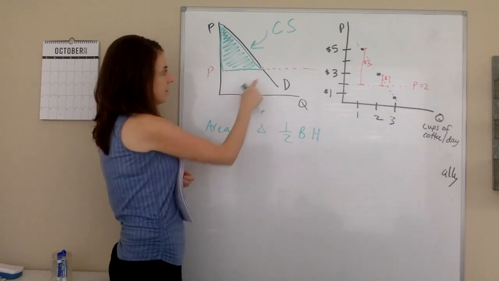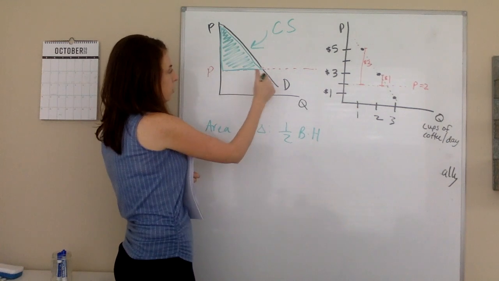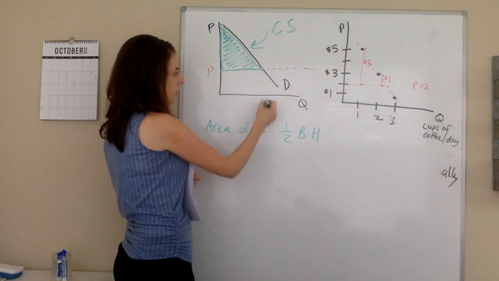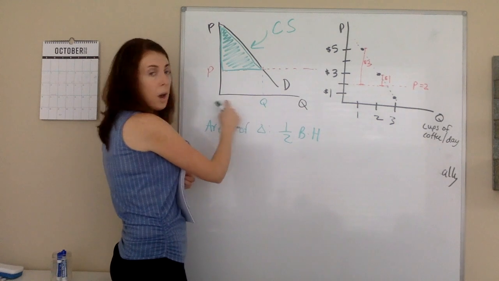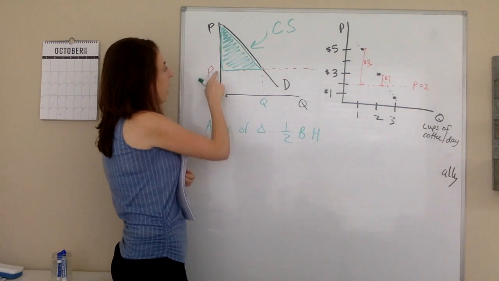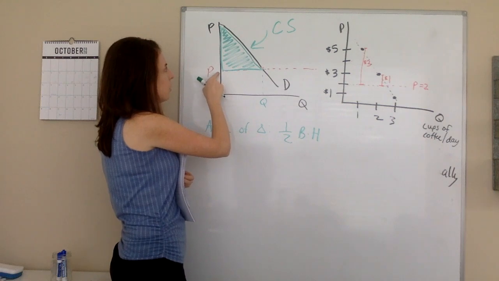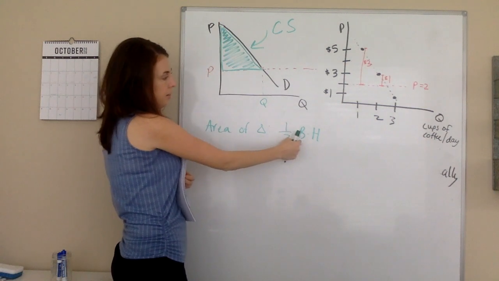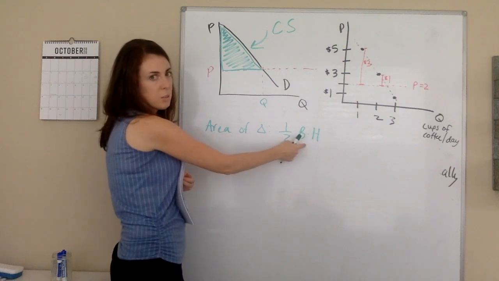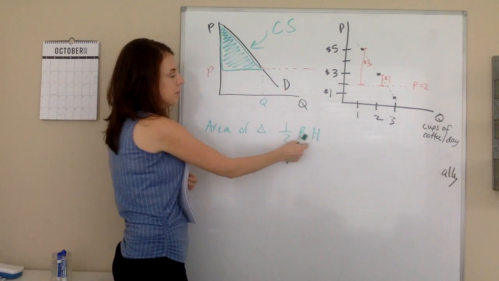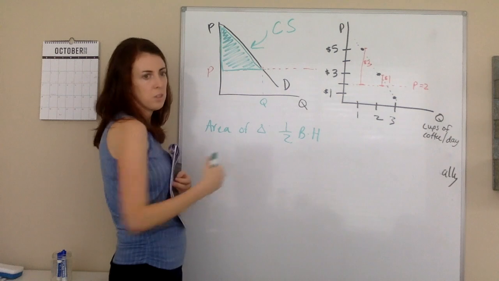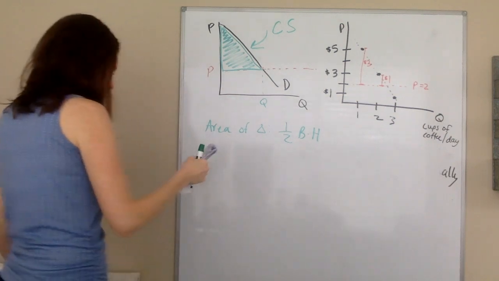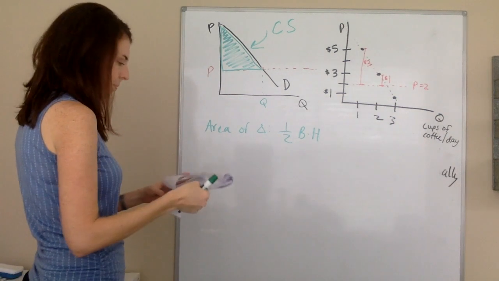The base of the triangle is going to be the quantity that's exchanged. The height of the triangle is going to be the difference between the intercept and the price. So now you have base times height. You multiply those things by each other and divide by 2, and that gives you the area of the triangle. That is equivalent to the consumer surplus.